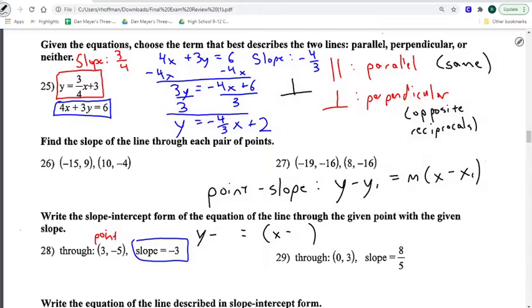We have y minus our y coordinate, that's of our point. Our y coordinate here, here's x and here's y. Our y coordinate here is -5. So a -5 is what gets subtracted. Equals our slope. Well, our slope here is a -3. So our -3 gets attached outside there. Boom. Times x minus our x coordinate. Our x coordinate here is 3.